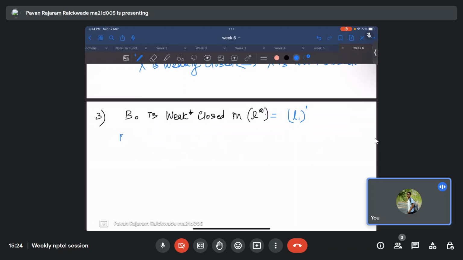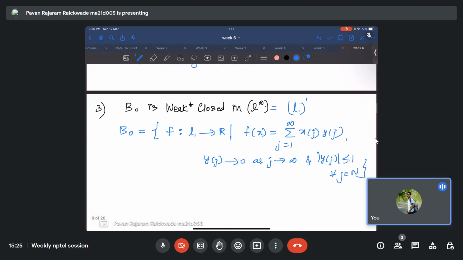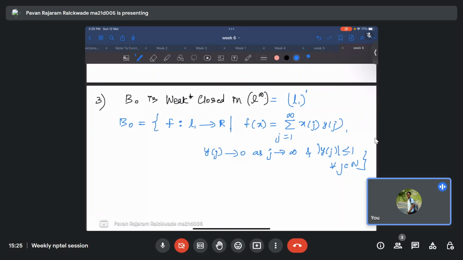And when I say B naught here, this B naught, considered as a weak star set in L infinity, is the set of all functionals from L1 to R such that f at every element x is given by the summation of x_j y_j, j going from 1 to infinity, where y_j is from the earlier set B naught, that is, y_j goes to 0 as j goes to infinity, and modulus of y_j is less than or equal to 1 for all j belonging to the natural numbers. Like, when we say the dual of L1, we identify every linear functional with an element in L infinity, right?